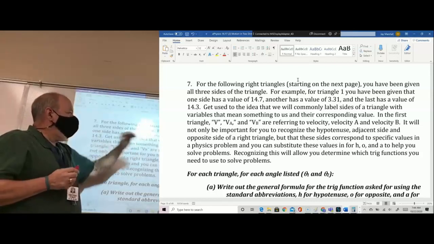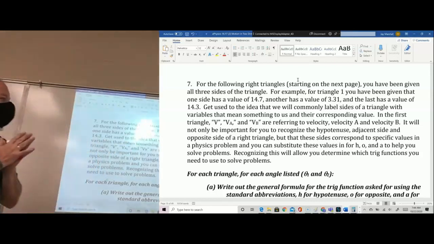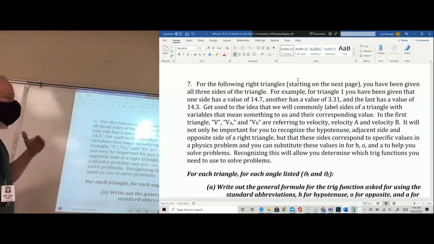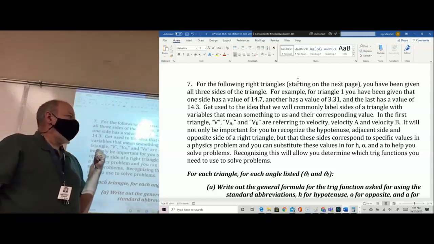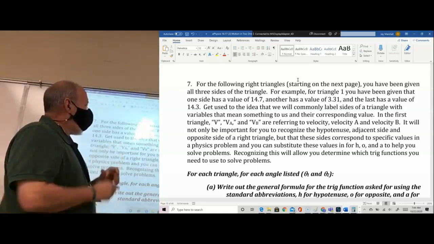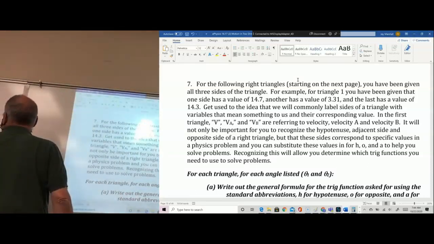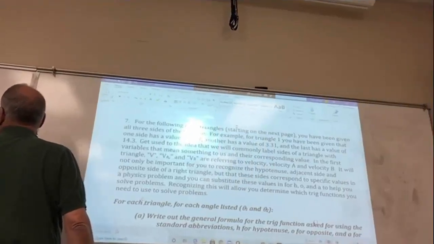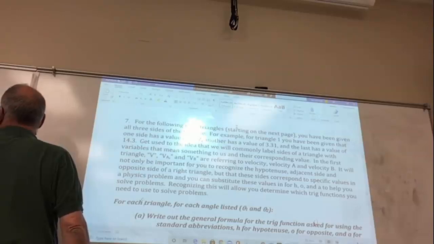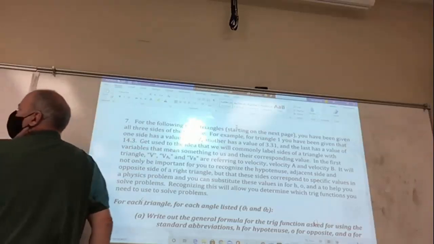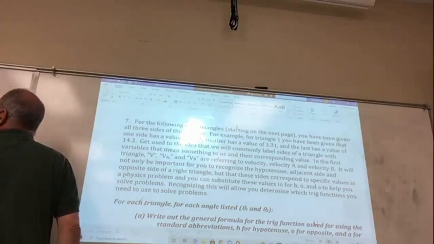Now, get used to the idea that we will commonly label sides of a triangle with variables that mean something to us. Remember that for our airplane, we had an arrow that went this way, and we said that it was 100 meters per second. The airplane was traveling at 100 meters per second. We want to label that with something that means something to us.